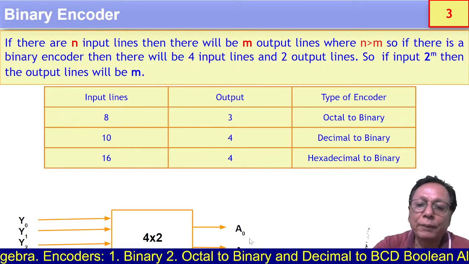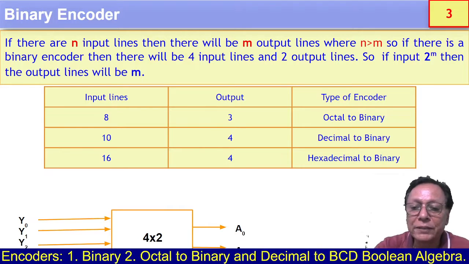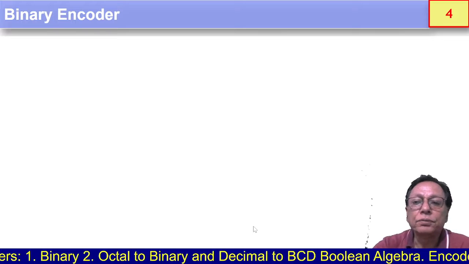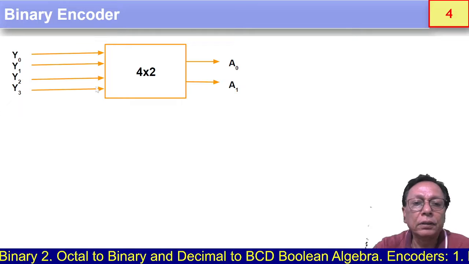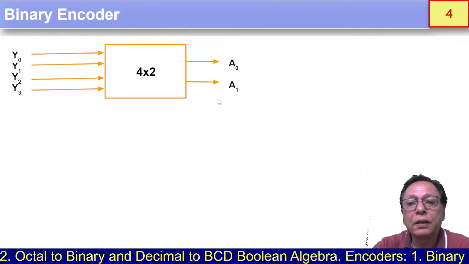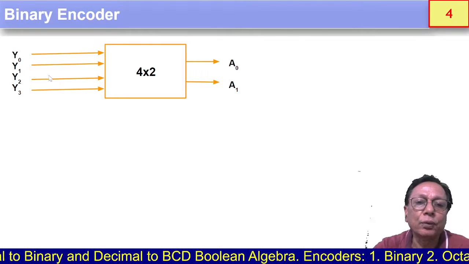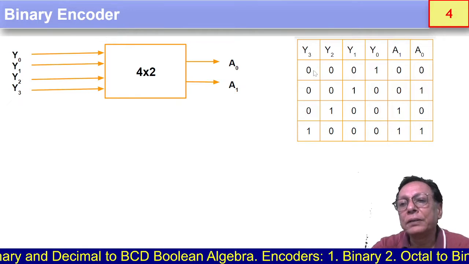Over here I'm going to give you the table of 4 input lines and 2 output lines. See here, this is the encoder, with 4 input lines and output lines. Again, out of these 4 lines, only one signal can be active at a time. So the truth table should be like this.